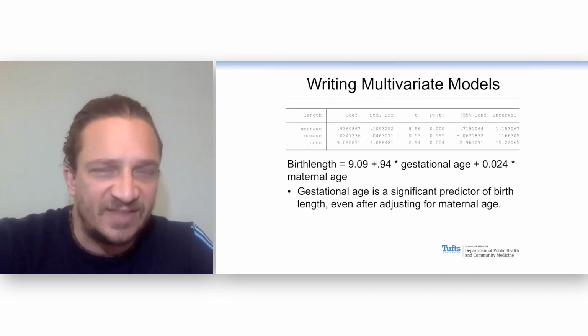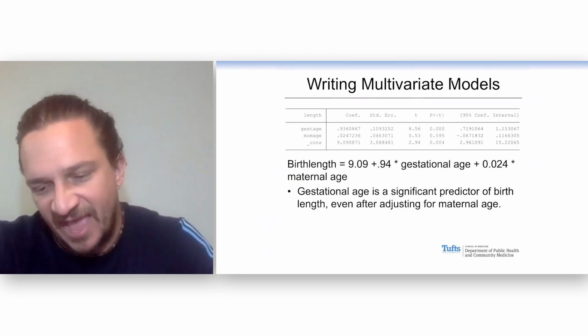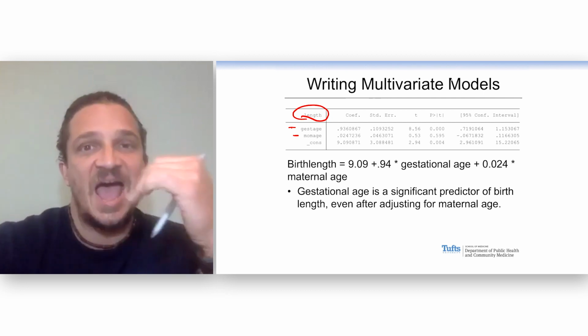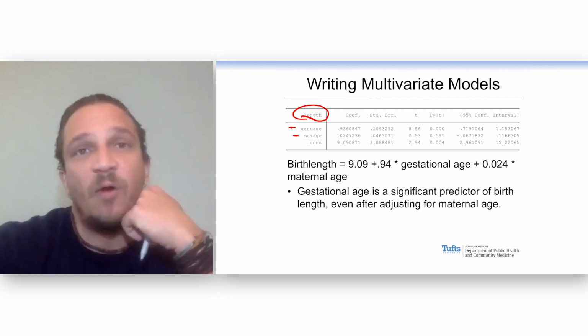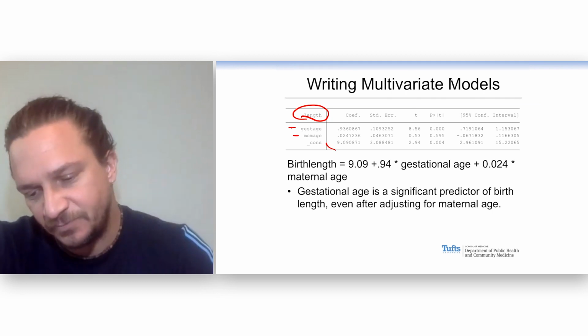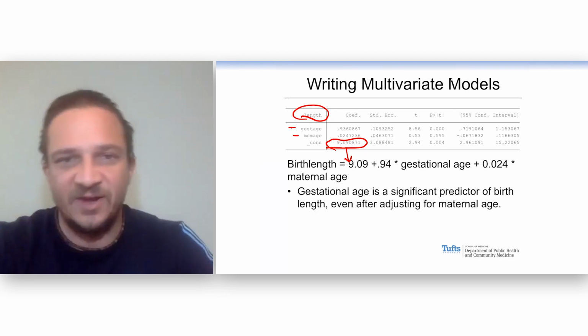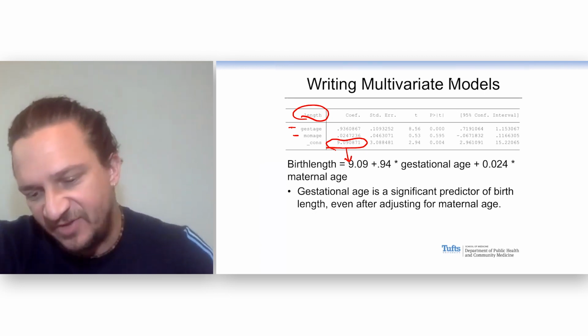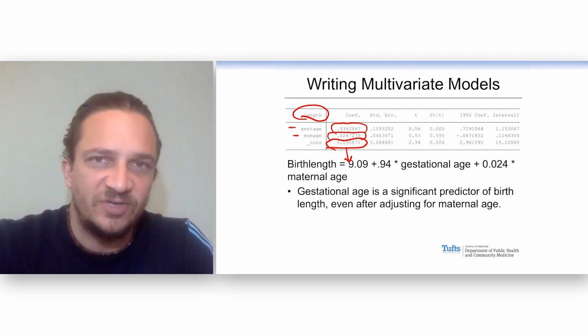So when we fit this, remember, regress length on gestational age and maternal age, now we get stated as output for the model itself. And we can write out the model. We have the constant, or the so-called intercept. And then we have two slopes here. We have a slope for maternal age and a slope for gestational age.